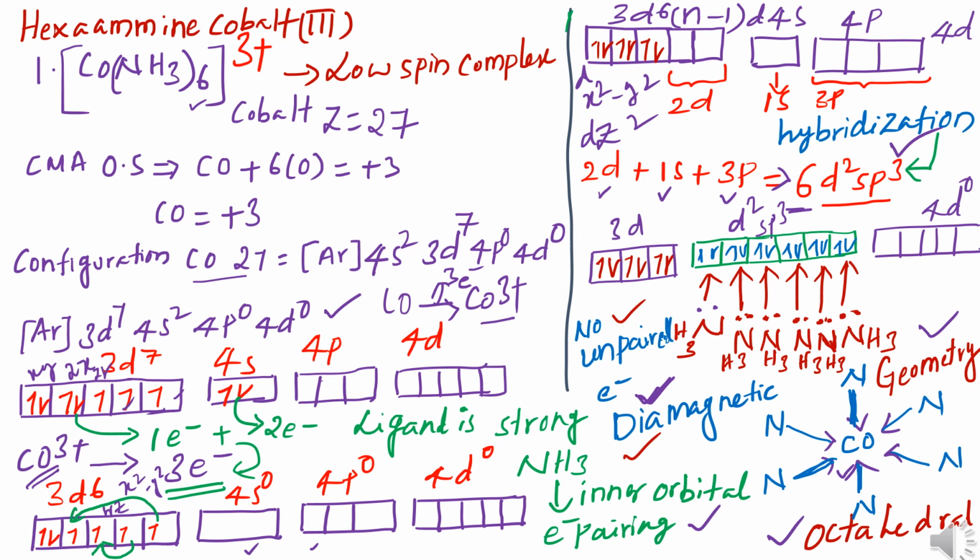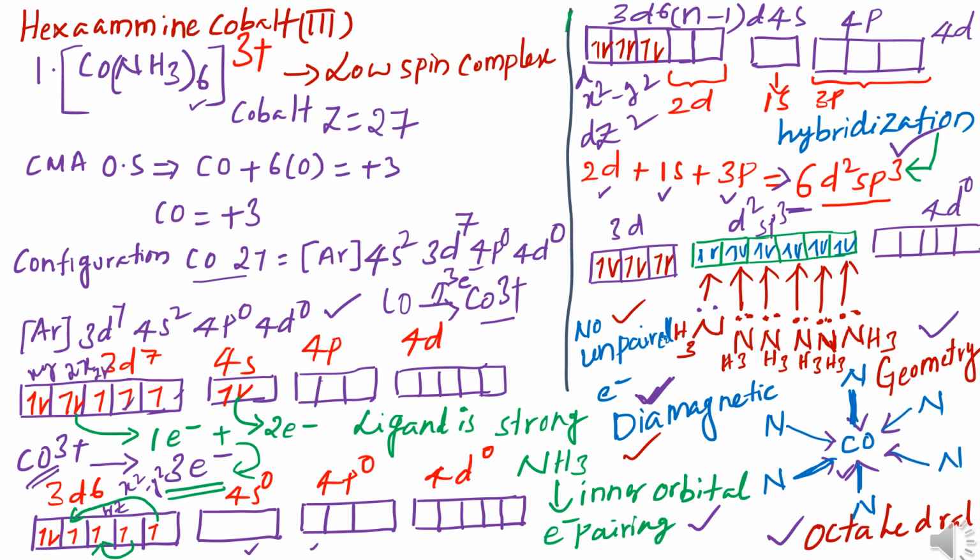So total 2d plus 1s plus 3p, total you will have 6 orbitals. After hybridization, it will produce 6 equal energy d2sp3 hybrid orbitals.